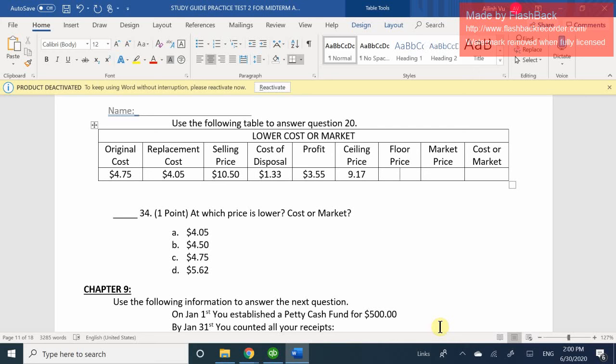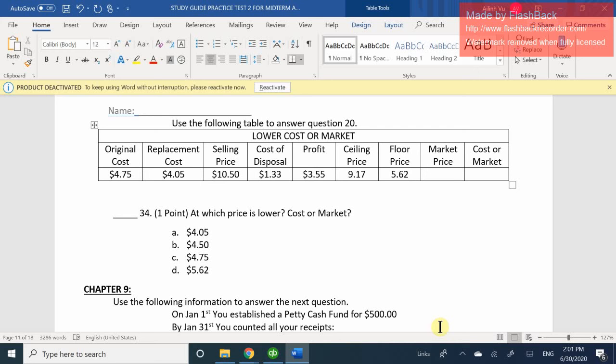917. Okay. Next is going to be the floor. How do you solve for the floor? Selling minus ceiling profit. Mm-hmm. Which gives you 562. Yes, 562 is correct.